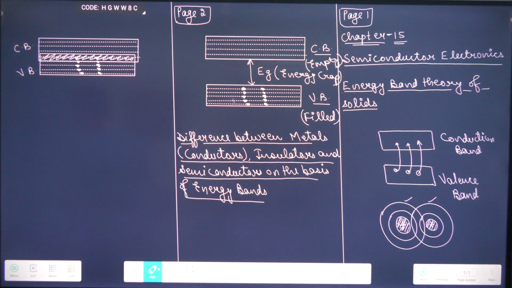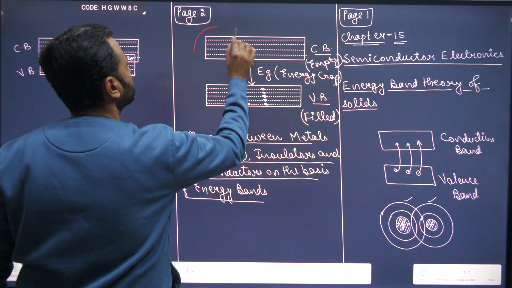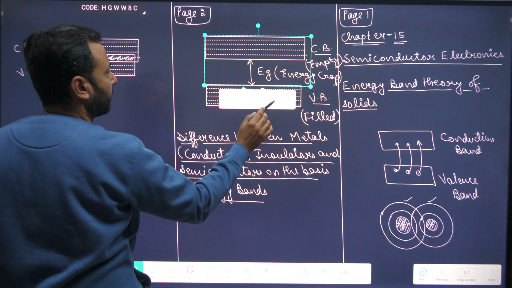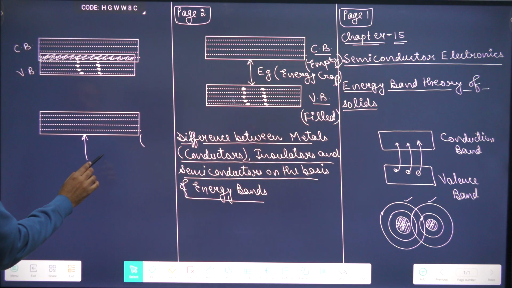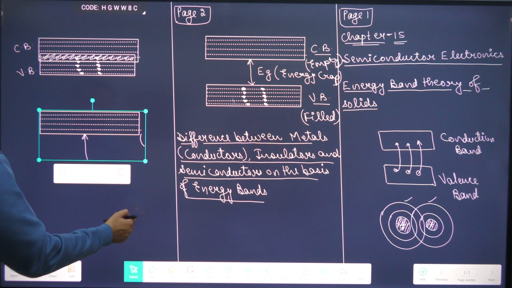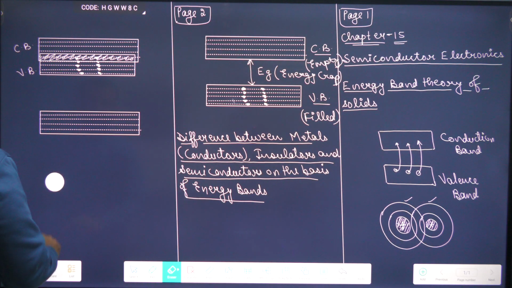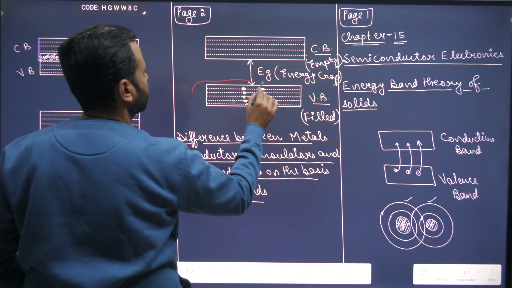Next one, insulators. Again, we have this conduction band, and this is the valence band.